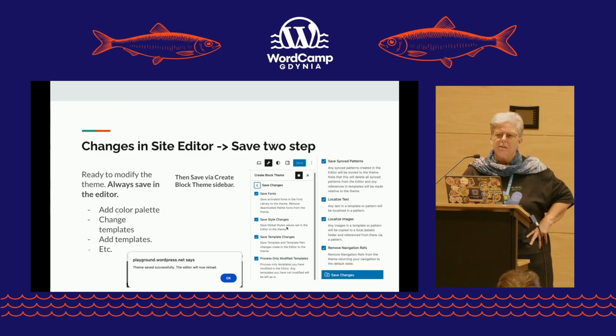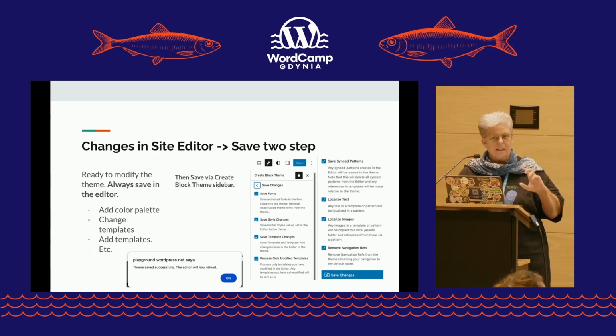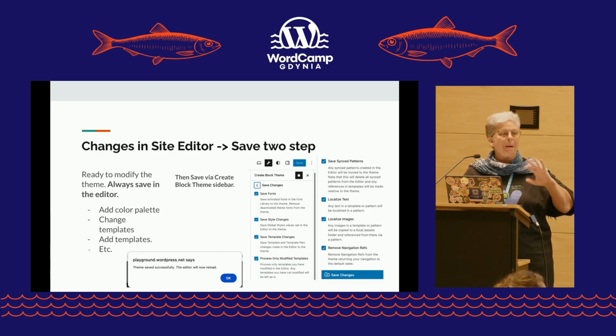Create Block Theme is actually a plugin in active development, and at any time it might not be bug-free, like any software is not bug-free. But if you find something that's quirky, please create an issue, so it can be improved. What's not working right now is patterns.